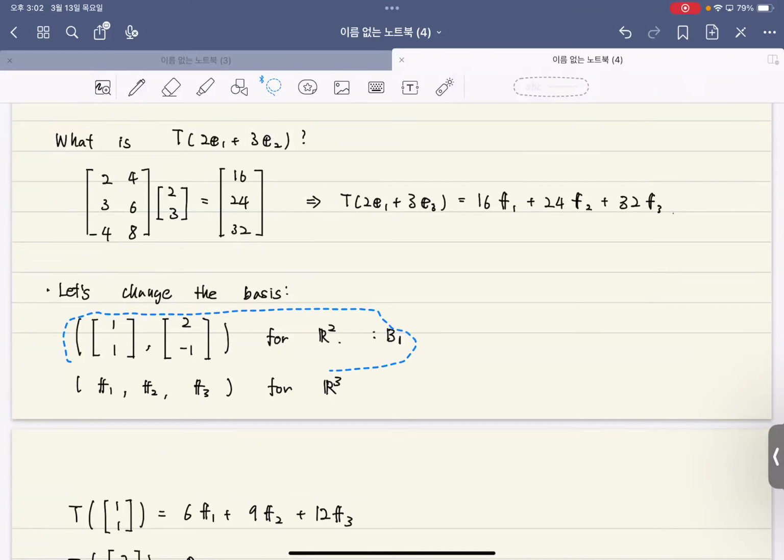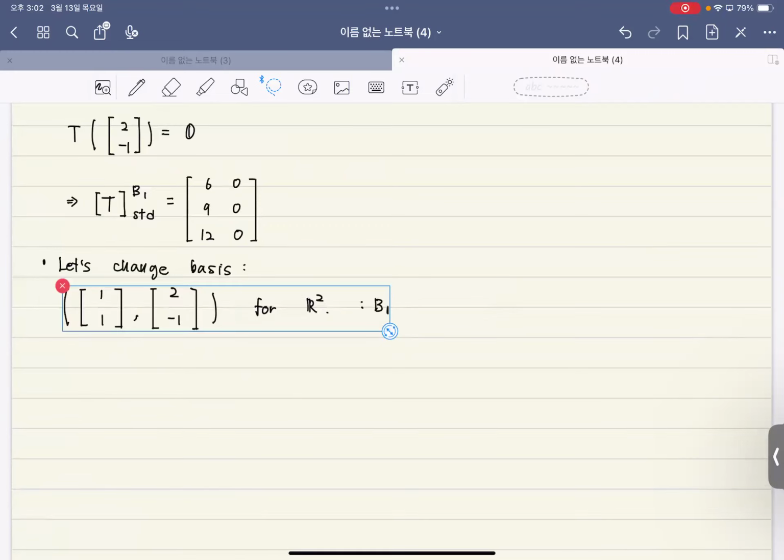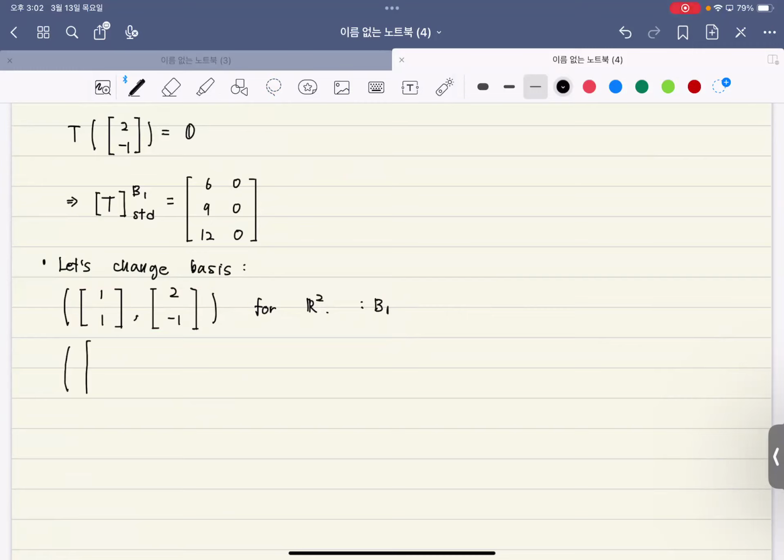Now, this guy carries over. But I would say this is B2.